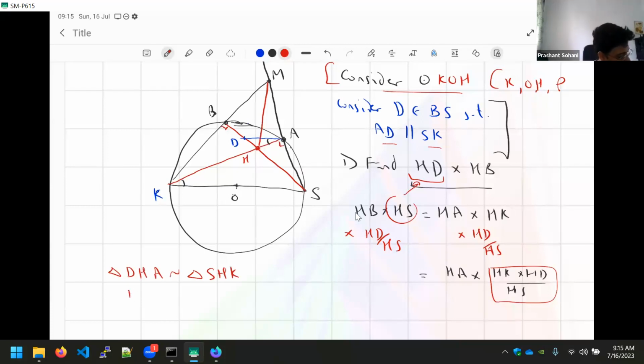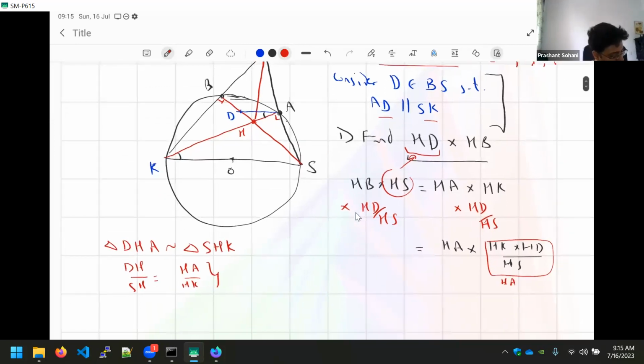So DH upon SH is equal to HA upon HK, right? And if you rearrange this, do you see that this is also equal to HA? This part, this is also equal to HA. So therefore, the entire product that we get, so HD into HB will be equal to HA square.